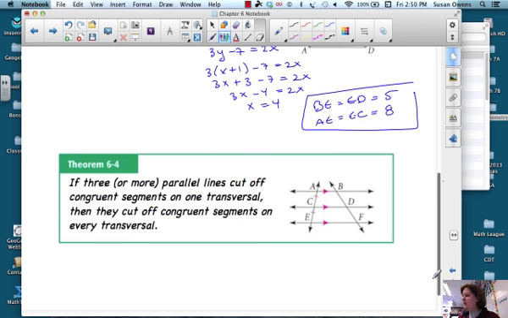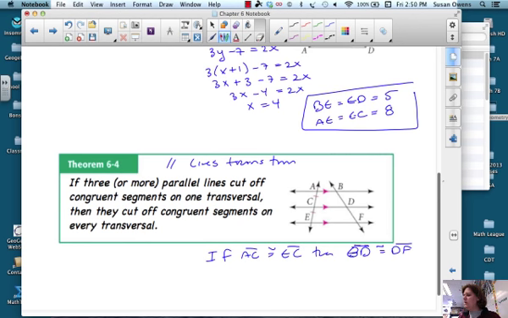Then what I also know is that BD is congruent to DF. So if AC is congruent to CE, then BD is congruent to DF. Okay. This one is a transversal theorem, so we can call it the parallel lines transversal theorem.